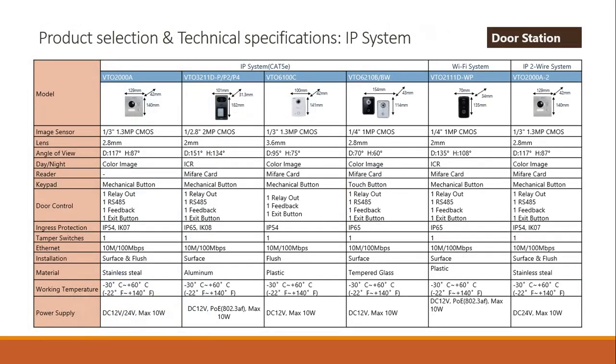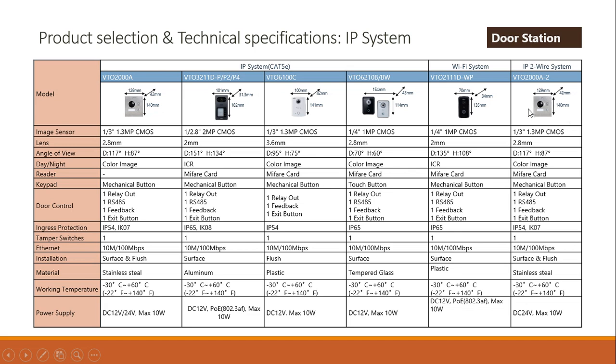Product selection and technical specification. If you receive some specific recommendations from your client that you want such a VTO, all the information is indicated, as you can see. Some of the devices are not added here because I'm using a somewhat older documentation, but we have other VTOs, like a vandal-proof VTO, that can be used for a Villa solution.